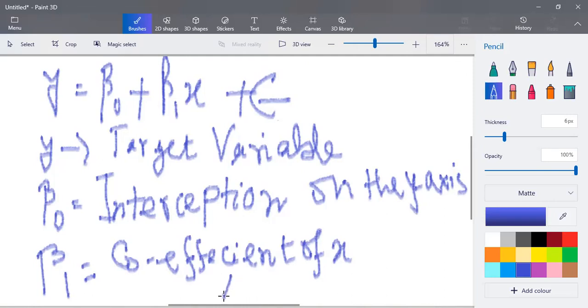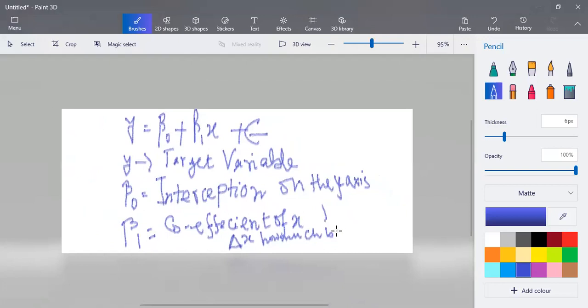with the change of x, how much y is changing, or how much the change of y has occurred.